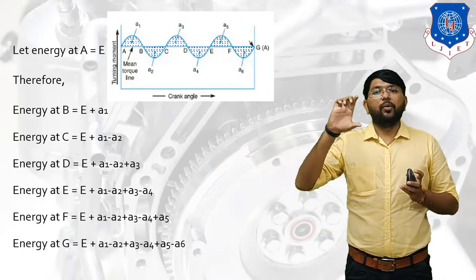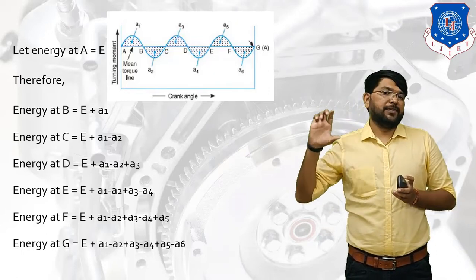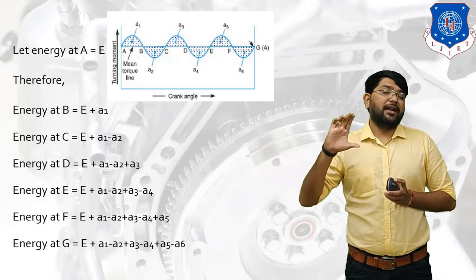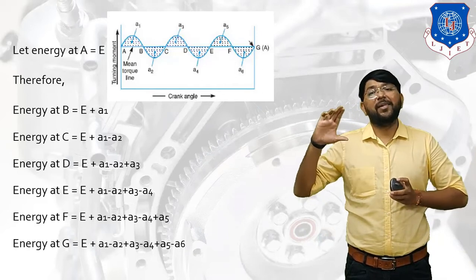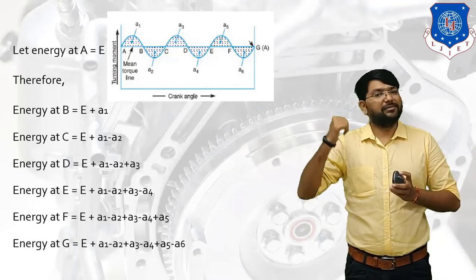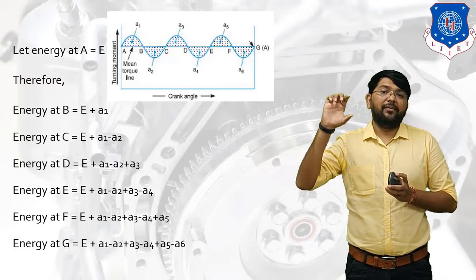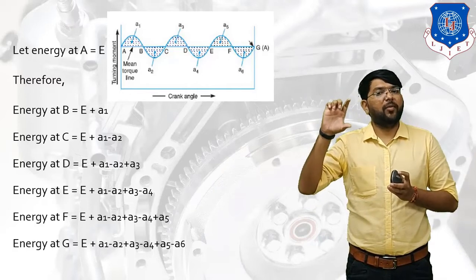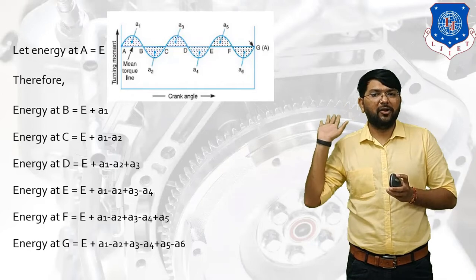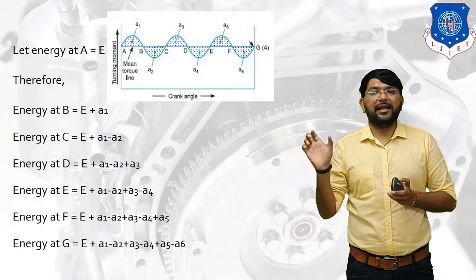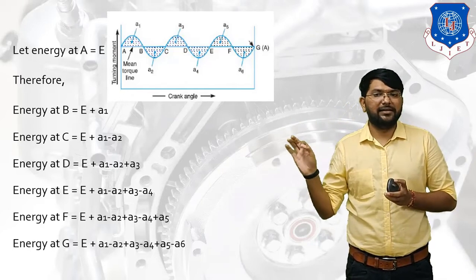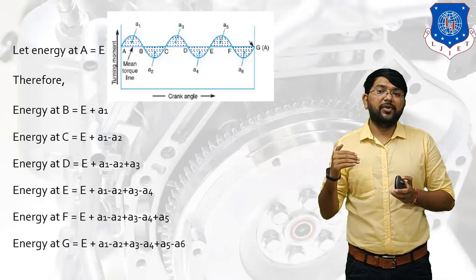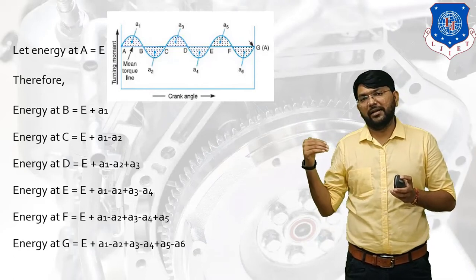So we calculate the energy at each point, then identify at which point the energy is maximum and at which it is minimum. The difference between maximum and minimum energy is the maximum fluctuation of energy. This is the determination of maximum fluctuation of energy.